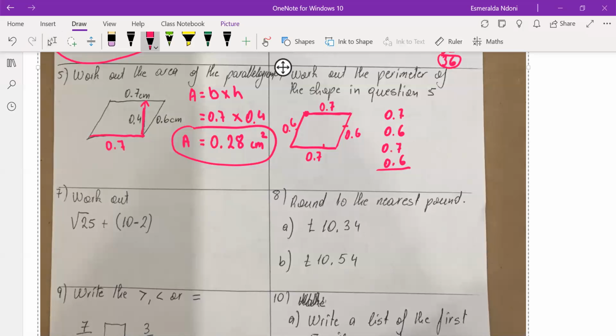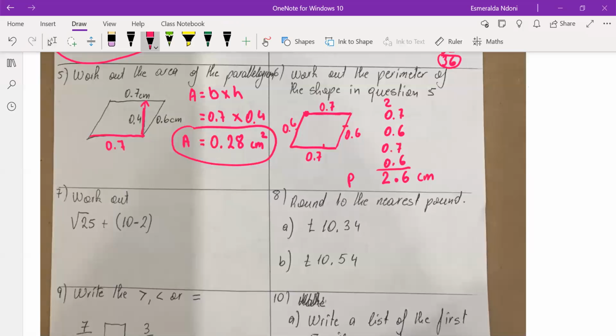Let's do that. 7 add 6 is 13, add 7 is 20, add 6 is 26. 6 down, carry the 2, lower the decimal point. 2 added to all the zeros is just 2. I put down the unit, which is centimeters, and I have finished.